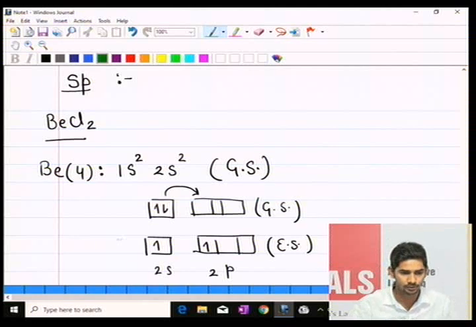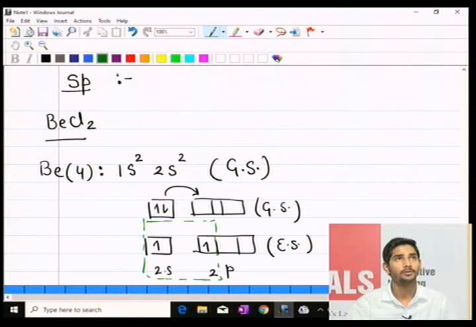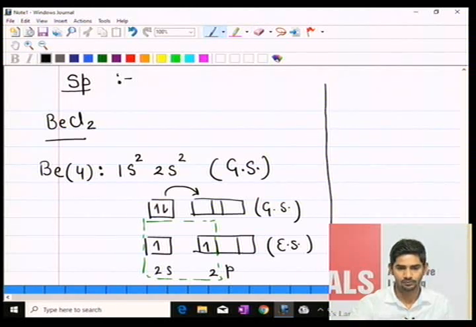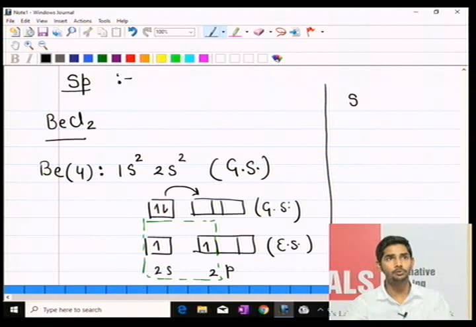Exactly 2. Guys, look at this. These two contain the unpaired electron. So guys, what I was trying to say, look at this, is that one orbital of s will be used and one orbital of p will be used.